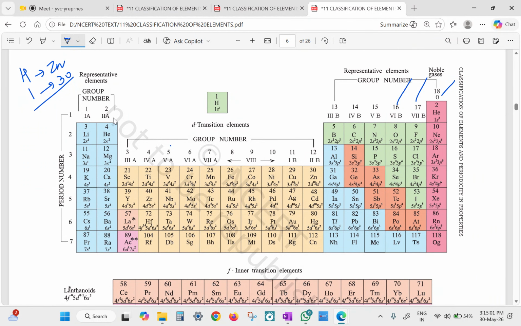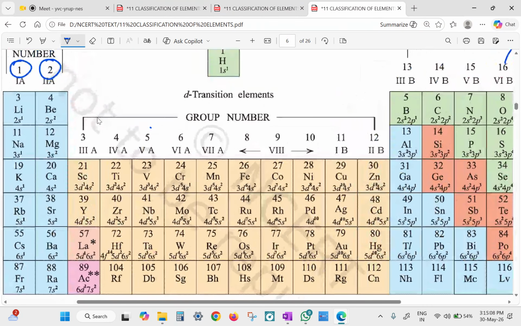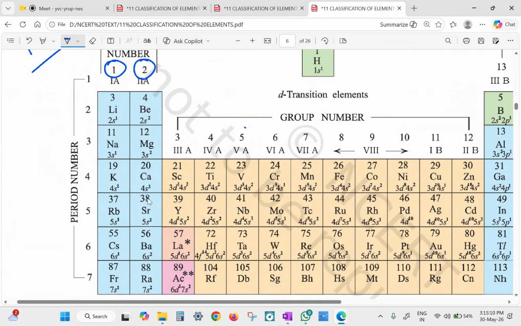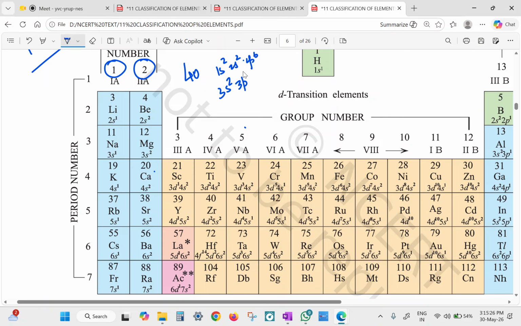Now, the elements present in group 1 and group 2, if you expand and see, their outermost electrons are in the s subshell. For example, in the case of calcium, which is 40, the configuration is 1s2, 2s2, 2p6, 3s2, 3p6, and 4s2.